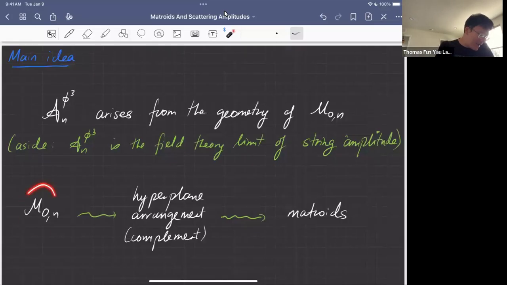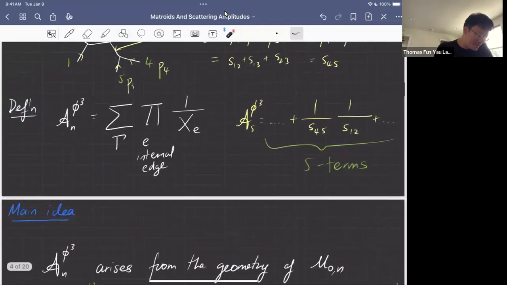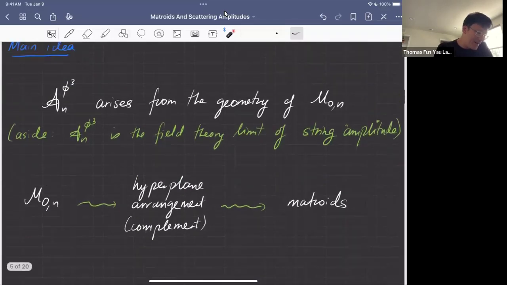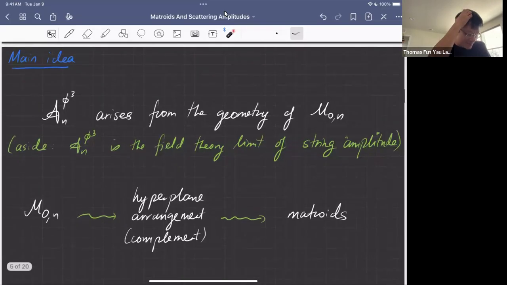This M_0,n is a special case of a hyperplane arrangement complement. So what I'm going to do is take the calculation on M_0,n that gives this rational function and replace M_0,n by an arbitrary hyperplane arrangement complement. Then I'm going to notice that the answer is completely matroidal and only depends on the matroid. This will give the generalization of phi-cubed amplitudes to matroids.